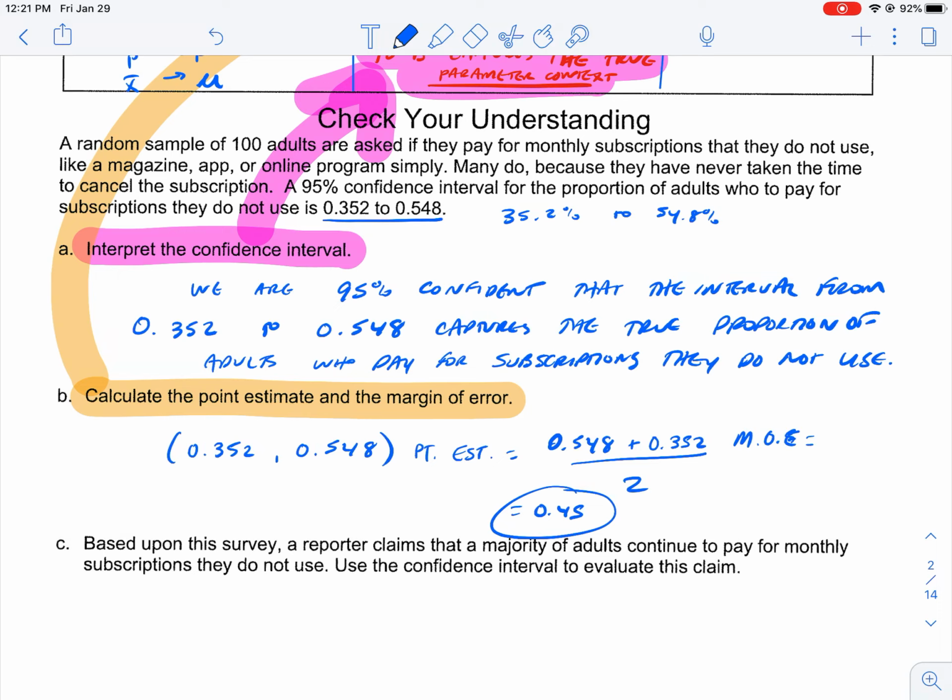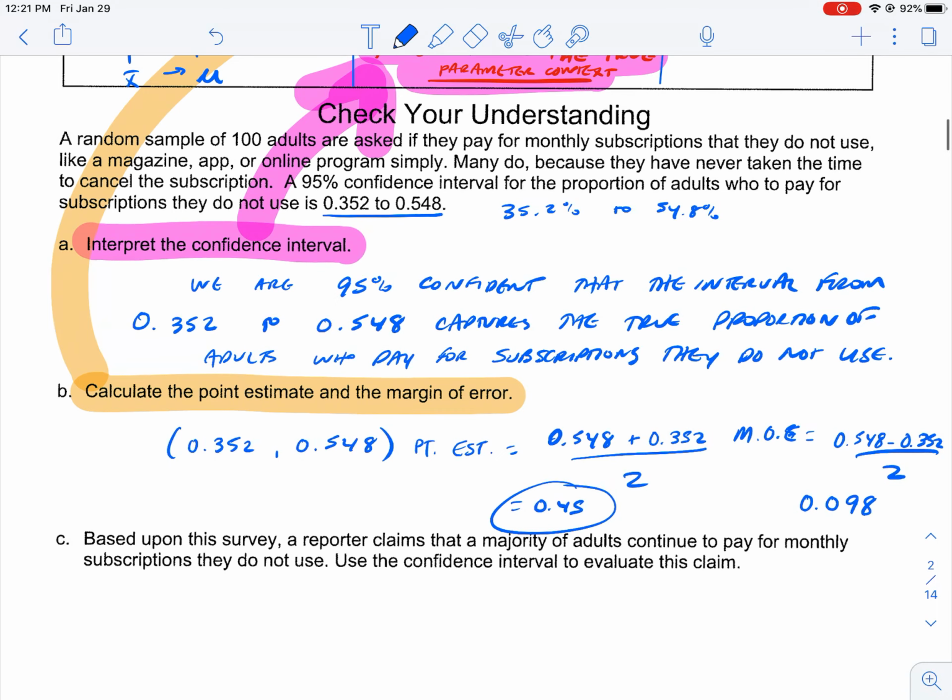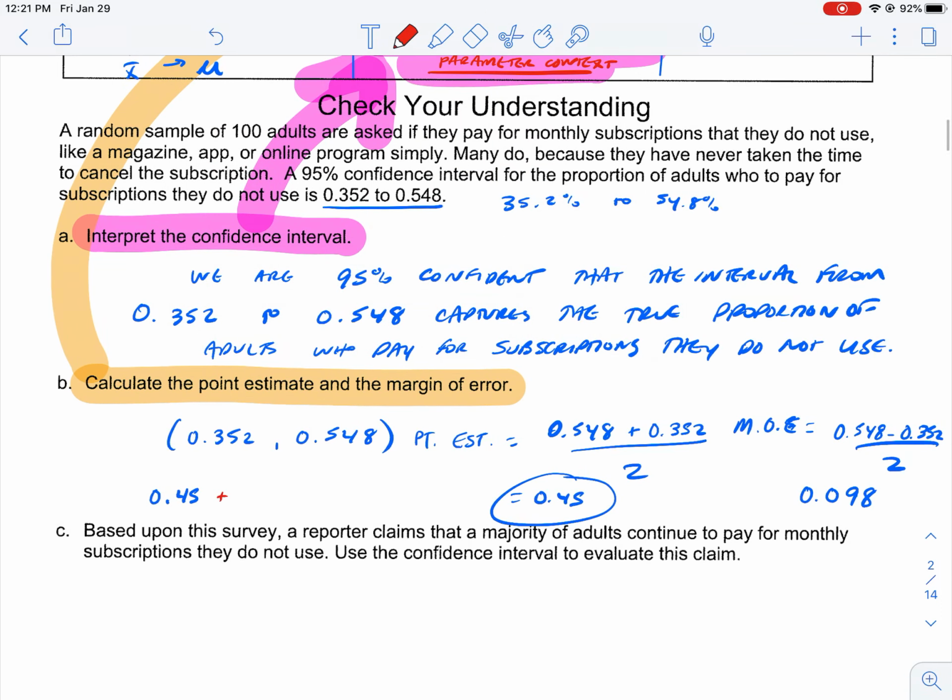And my margin of error is the difference, so 0.548 minus 0.352 divided by 2, and that would be 0.098. So just to remember what that means here, if my 0.45 is in the middle, margin of error is used in this way.